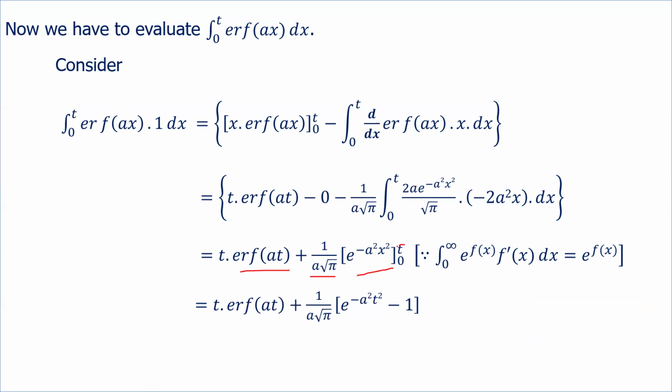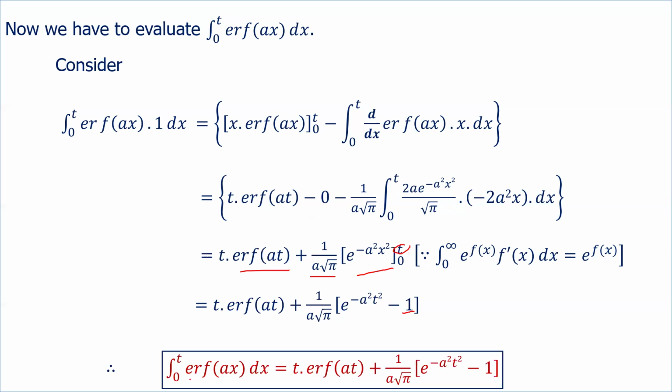So if you put the upper limit, it will become e to the power minus a square t square, minus error function of 0 is 1. So therefore the integration of error function of ax with respect to x under the limit 0 to t is equal to t times error function of at plus 1 upon a root pi into e to the power minus a square t square minus 1.